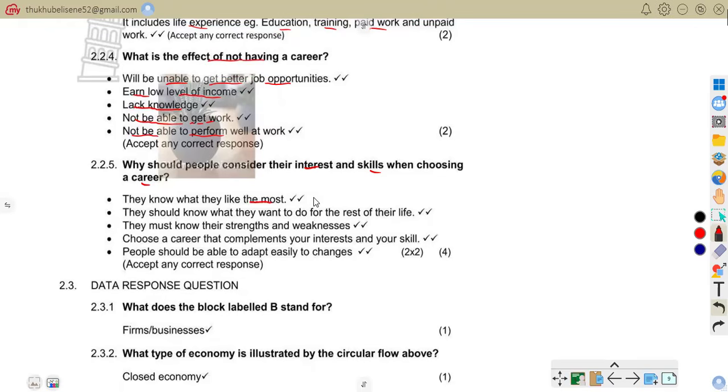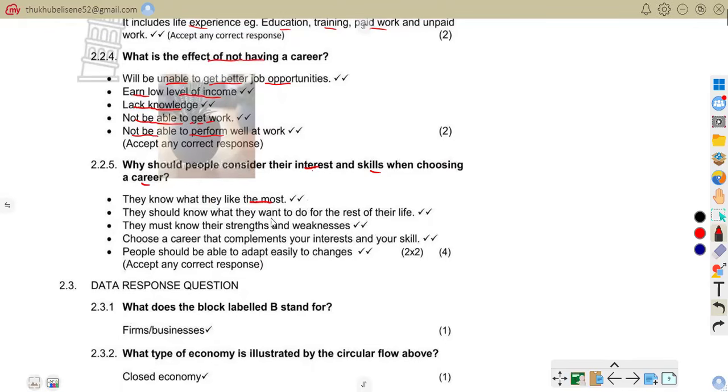People perform better when doing what they like. For example, someone who likes numbers chooses accounting or mathematics. That is the reason why people should consider interest and skills when choosing a career.